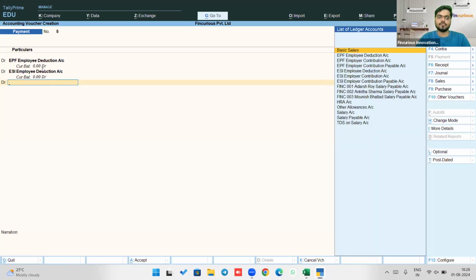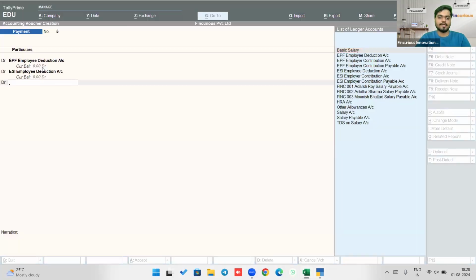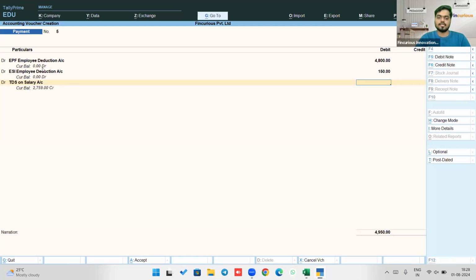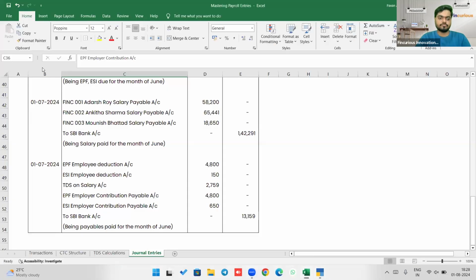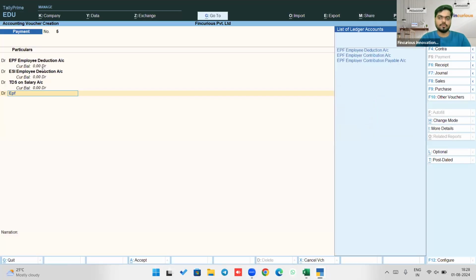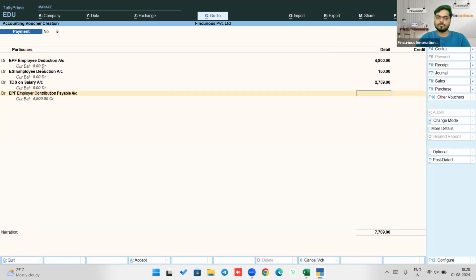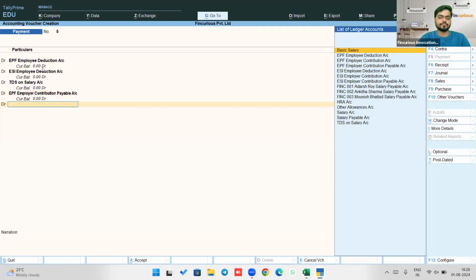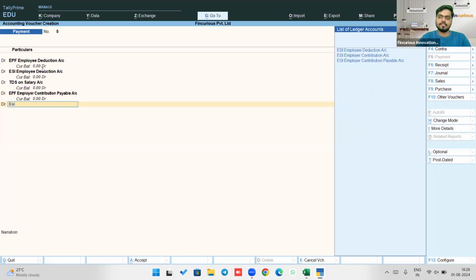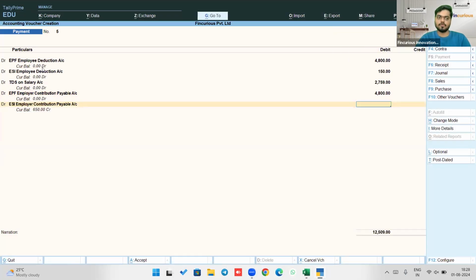Again, the current balance has become zero. Again, debit TDS on salary, that is 2759. Debit EPF contribution payable account, that is 4,800 again. Debit ESI employer contribution payable account, that is 650.